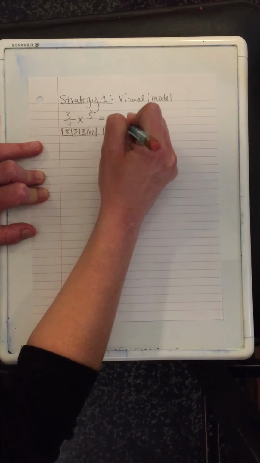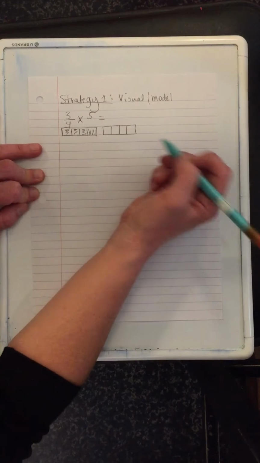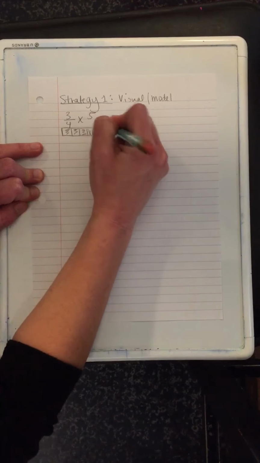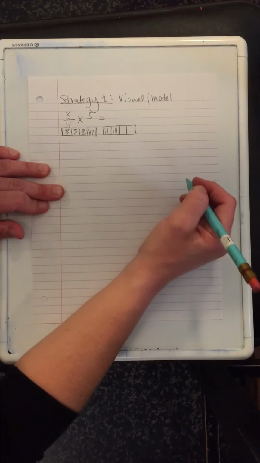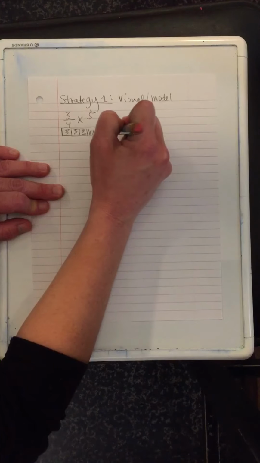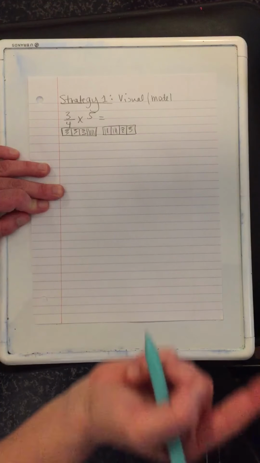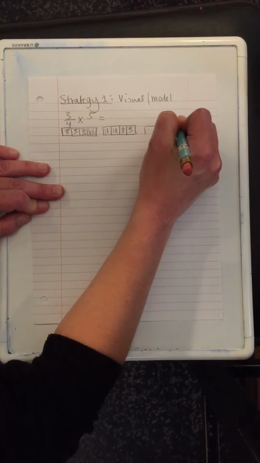I'm going to draw another model, and I'm going to color in how many I have left to create another 3/4. So I had 1, 2, 3. Then I'm going to color in, and I'm alternating my look so that you can see how many times I'm accumulating that. So I just created 2/4.